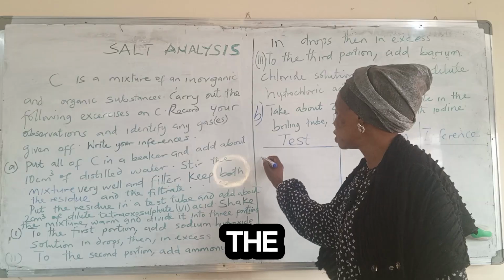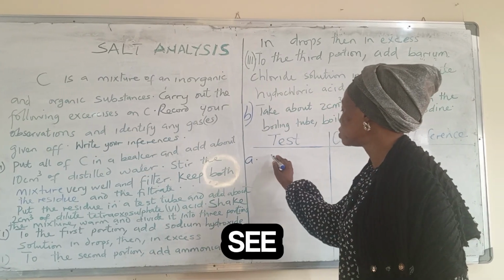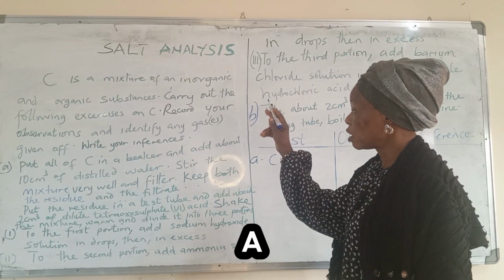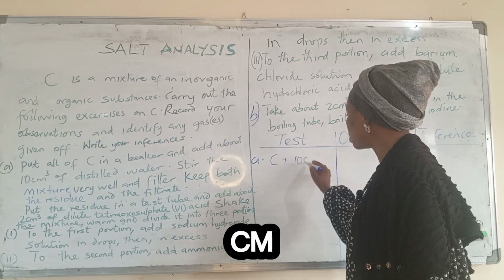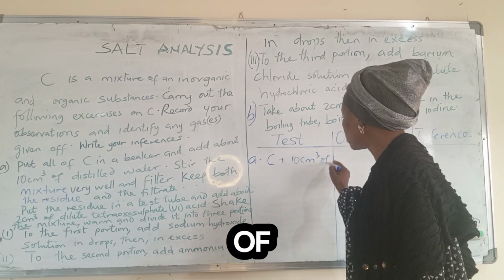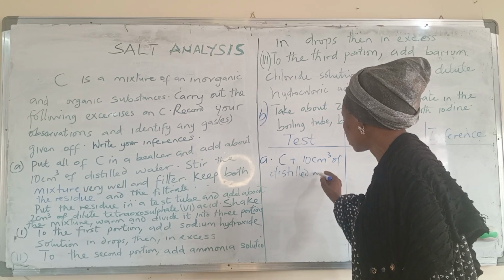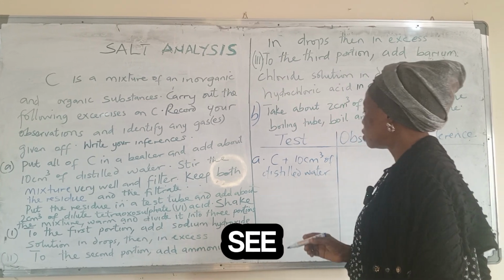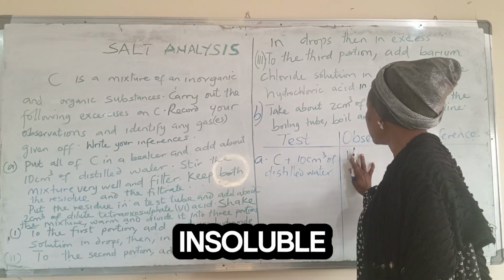So we have the A question now. He said we should put all of C in a beaker. C, which is a mixture of inorganic and organic substances, we put it plus 10 cm³ of distilled water. So I told you we will use insoluble salt.